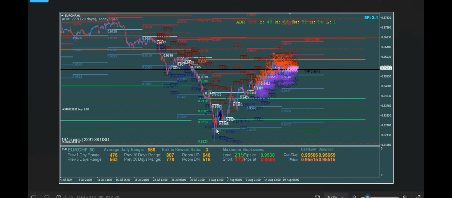And you see how price hit the weekly S1 and bounced up from the weekly S1. Yep, it did break below the weekly S1, but you see that it got rejected and bounced up from the weekly S1, and then value was found above the daily middle pivot and above the weekly S1, so the trade entry is above the weekly S1.